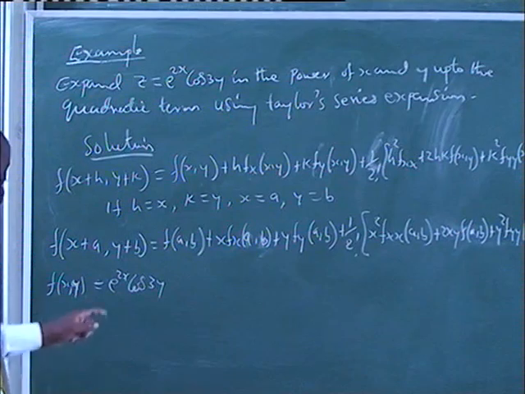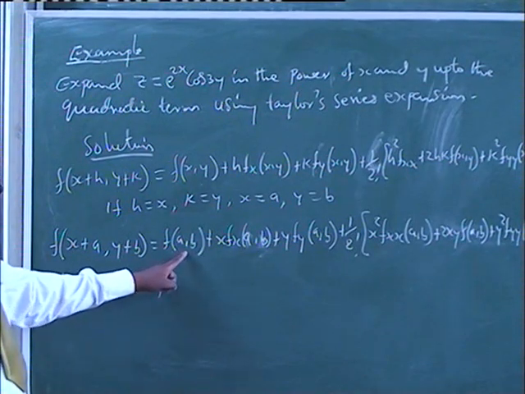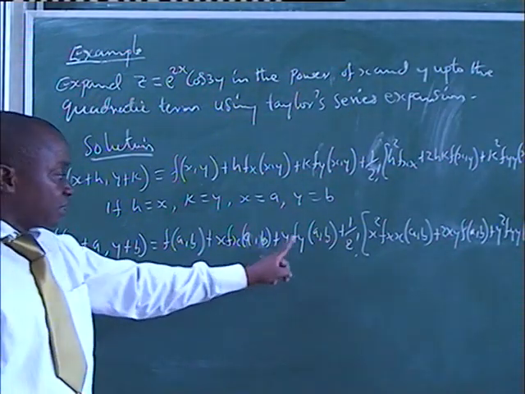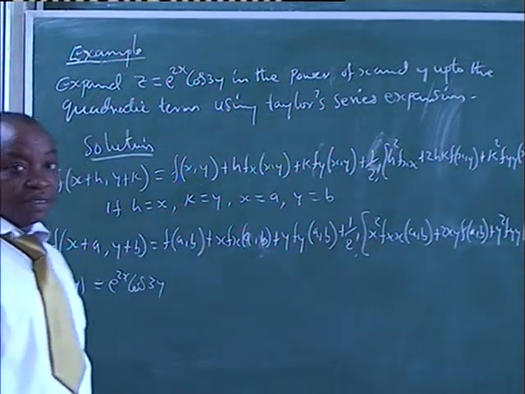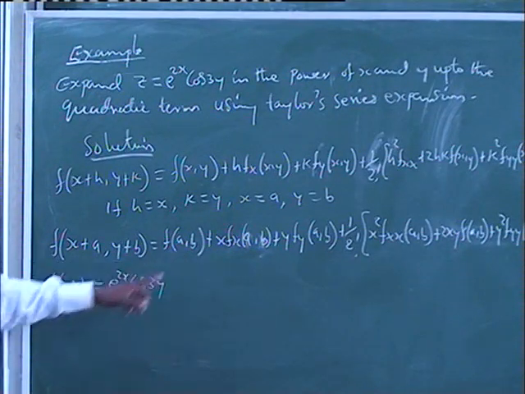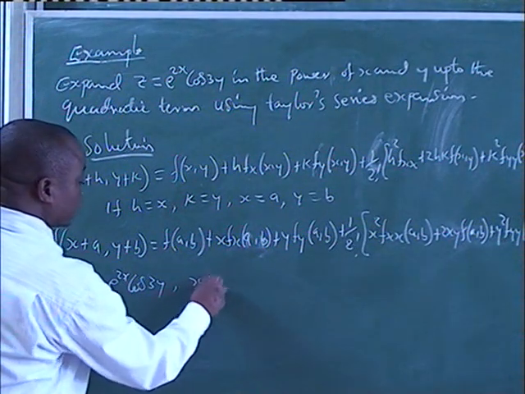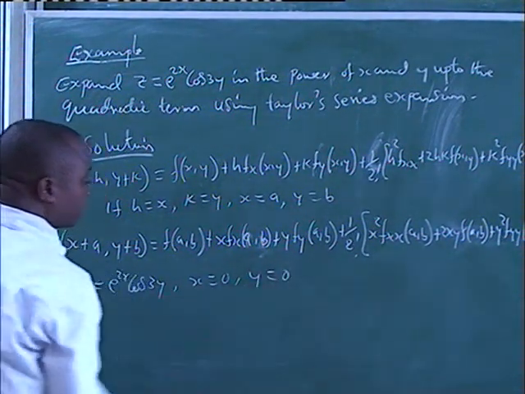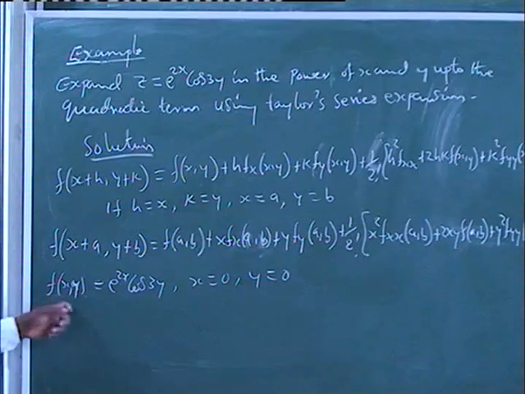Now what we need is all these points, this is what we are going to expand. To do that, we'll start with the first. We are expanding about x equals 0, y equals 0. So we'll start that here.